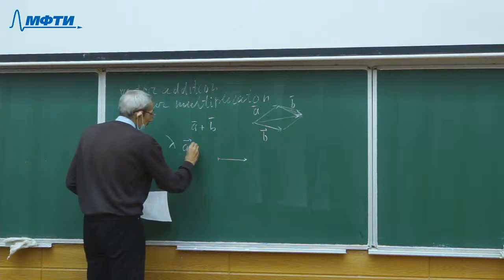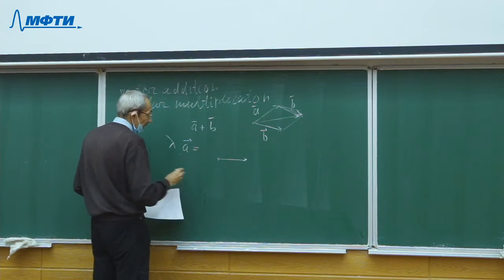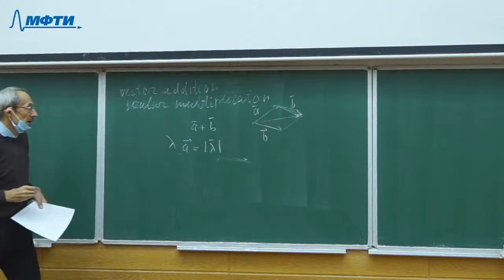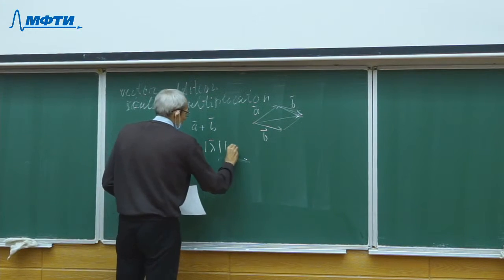Its length is equal to the product of the modulus of lambda and the length of vector a.